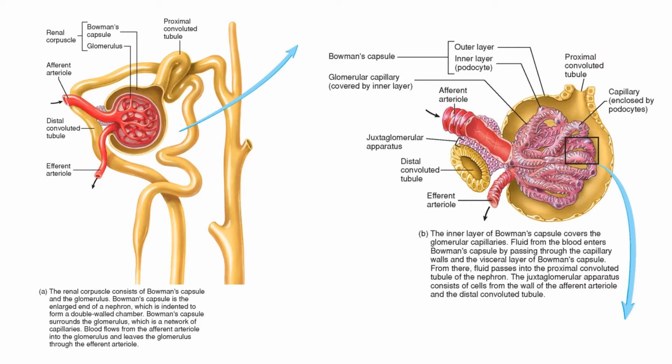From there, the fluid passes into the proximal convoluted tubule, this part, and then the juxtaglomerular apparatus consists of the cells from the wall of the afferent arteriole and the distal convoluted tubule.